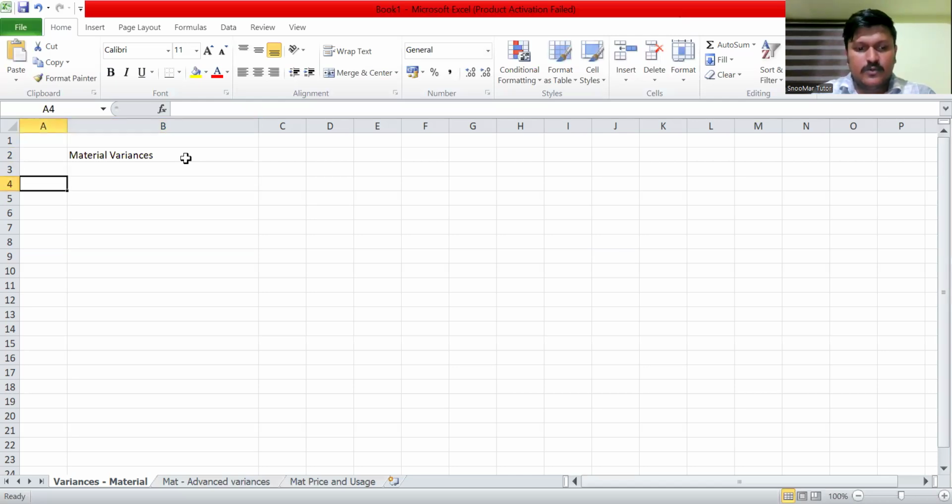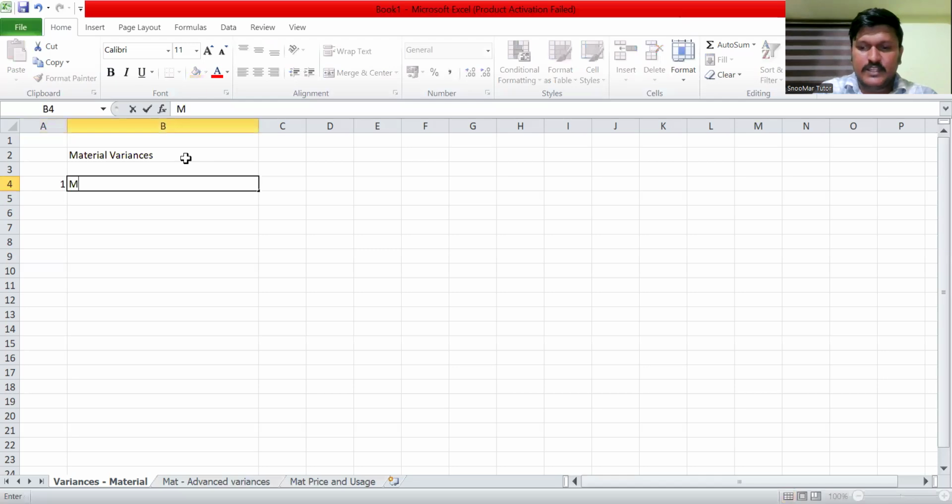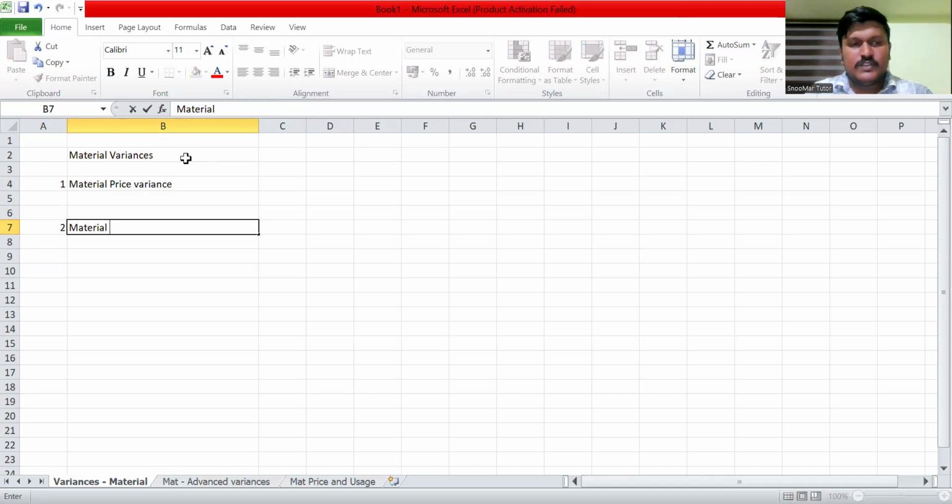One would be your material price variance. The second one is your material usage variance. So let's discuss a little bit about these two. What is a material price variance and what is a material usage variance?